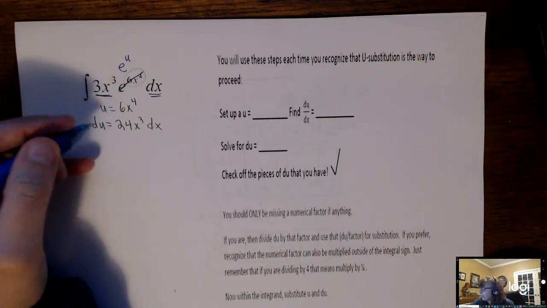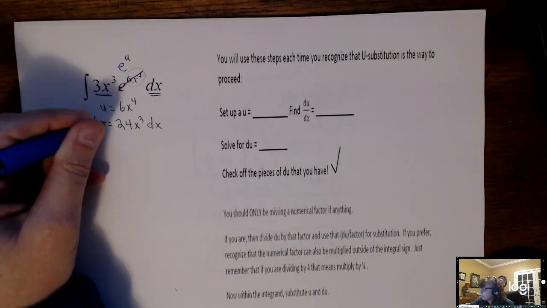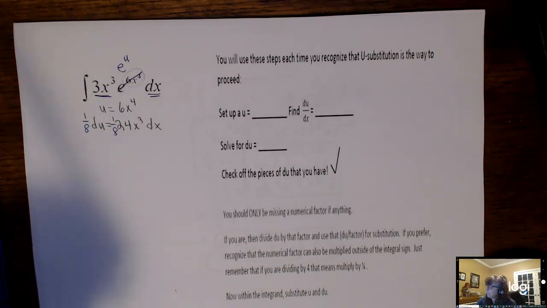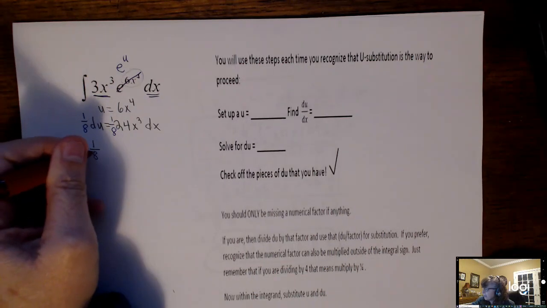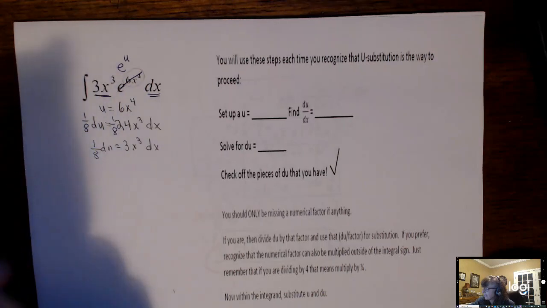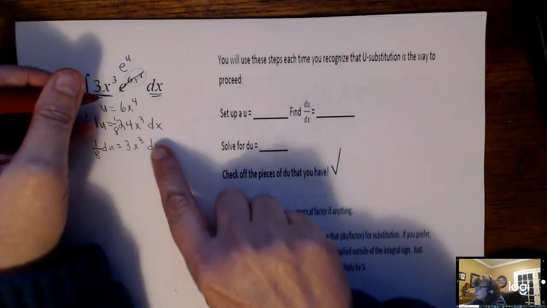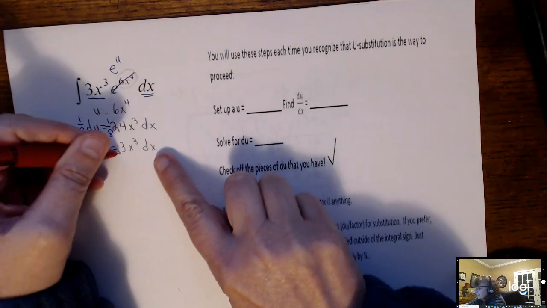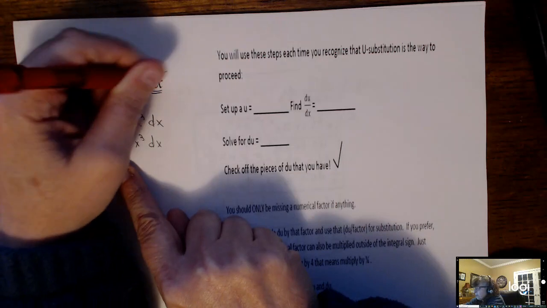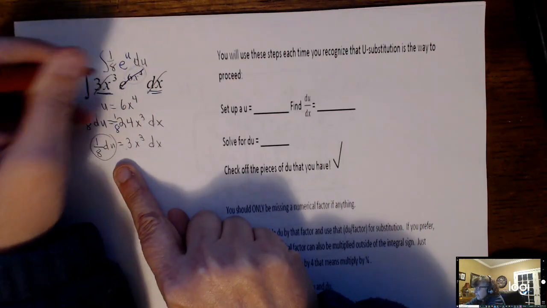So if I divide 24 by 8, I'll get 3. So I'm going to multiply both sides by 1/8. So that gives me 1/8 du is equal to 3x cubed dx. Okay, so I got to cross this stuff out. So 3x cubed dx is right here, and it equals 1/8 du. So 1/8 du is going to go in place of 3x cubed dx.